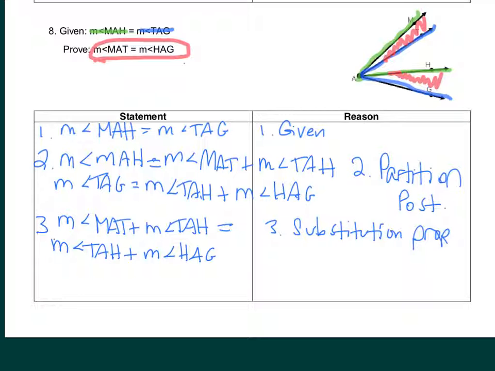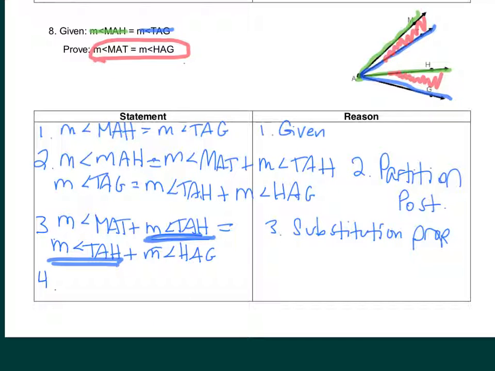Now we have, take a look, TAH here, which matches TAH. Those two are a match. If I were to subtract those out, I'll be left with MAT equal to HAG, and that's exactly what I want.